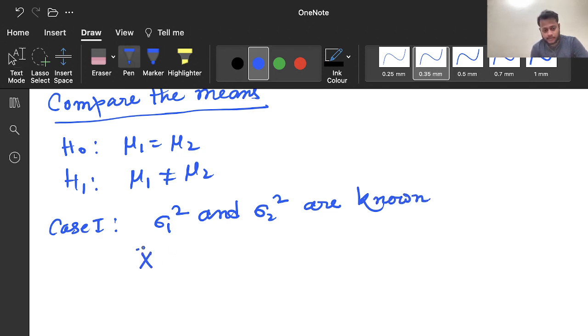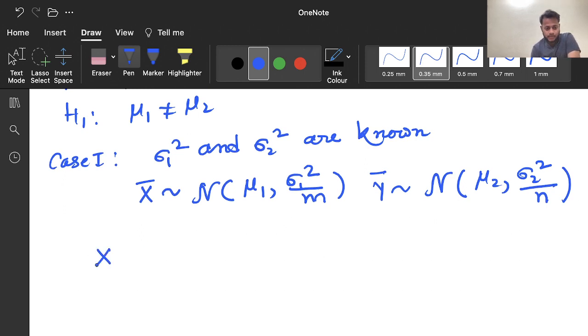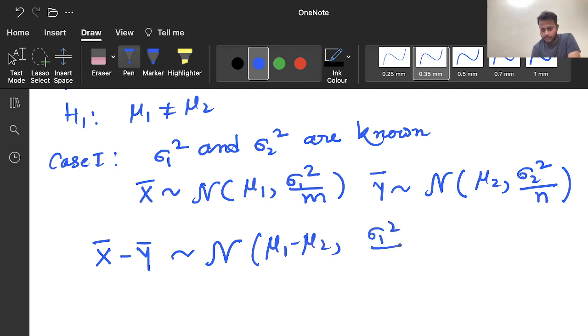Then x bar will follow a normal distribution with mean mu1 and variance sigma 1 square by m, and y bar will follow a normal distribution with mean mu2 and variance sigma 2 square by n.